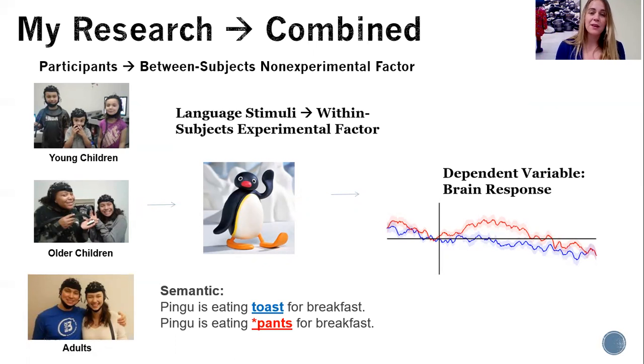And I wanted to see whether there was a difference in the brain response when people listened to sentences that didn't make sense versus sentences that did make sense, and if this difference differed depending on how old the kids are. So this is an example of a combined factorial design.